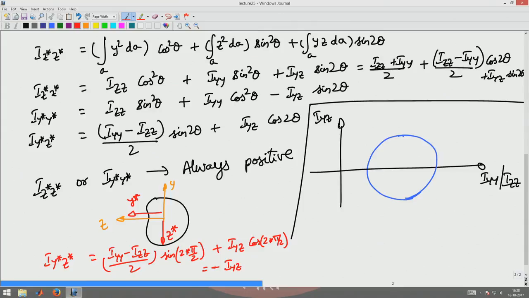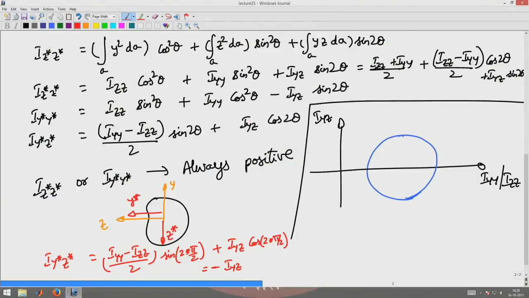What this means is that there will be a point where I y z goes to 0, that is, between 0 and 90 degrees there exists an orientation of the axis where I y z is 0. Because I y z is a continuous function of theta and it changes sign as theta varies from 0 to 90 degrees, there will be an orientation of the axis for which I y z will be 0. That axis where it is 0 is the principal axis.